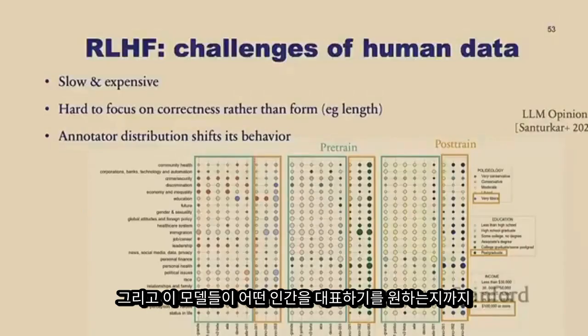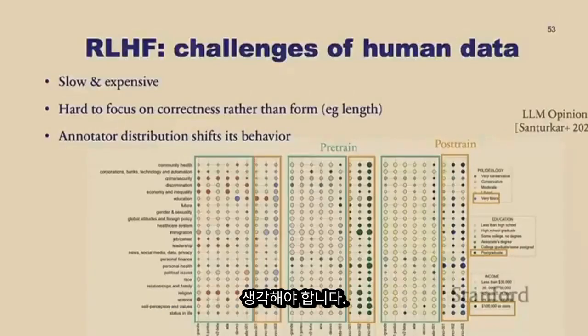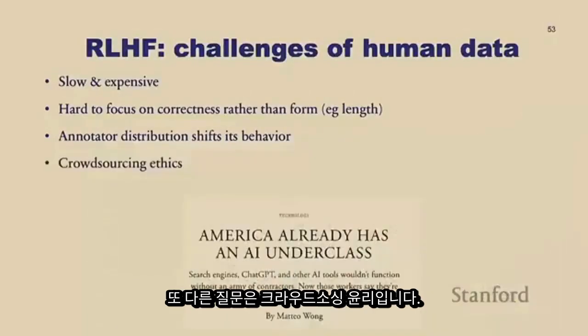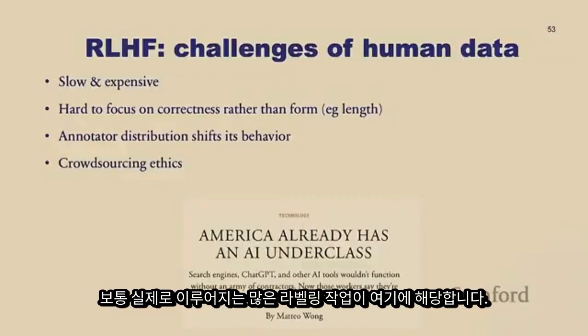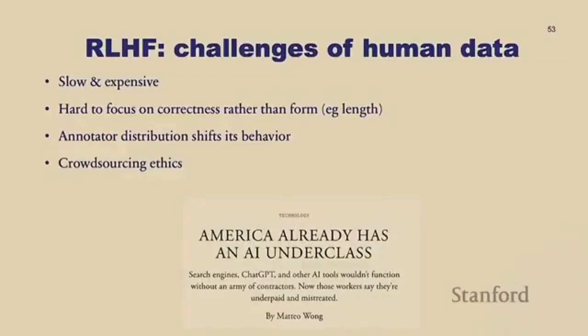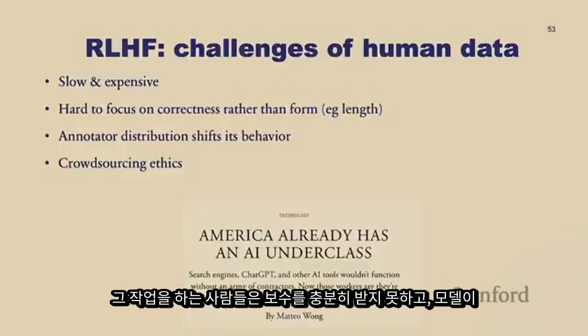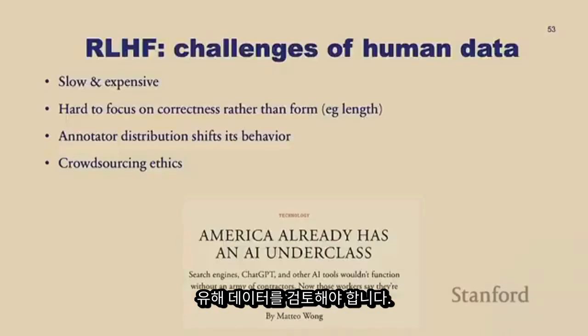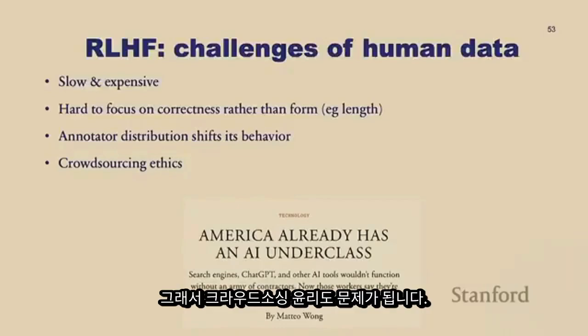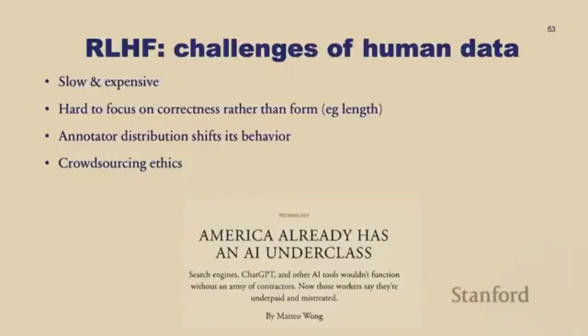You have to think about what humans we even want to represent in these models. Another question is crowdsourcing ethics. Usually a lot of the labeling is done by people who are not paid well, and they have to go through a lot of toxic data because you want the model to avoid saying toxic things. So crowdsourcing ethics too.